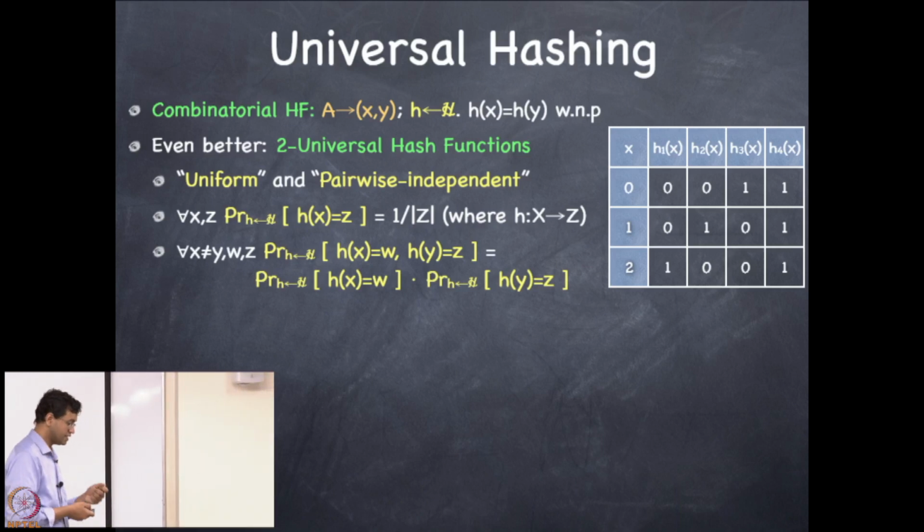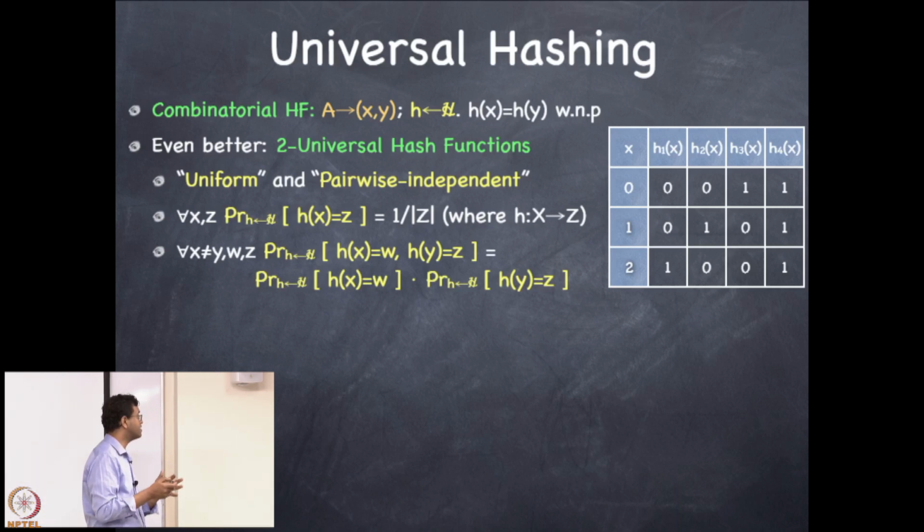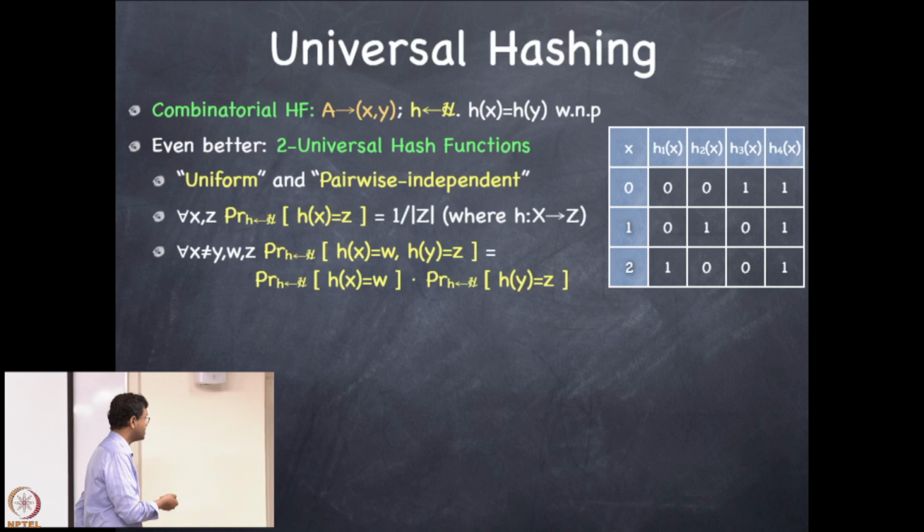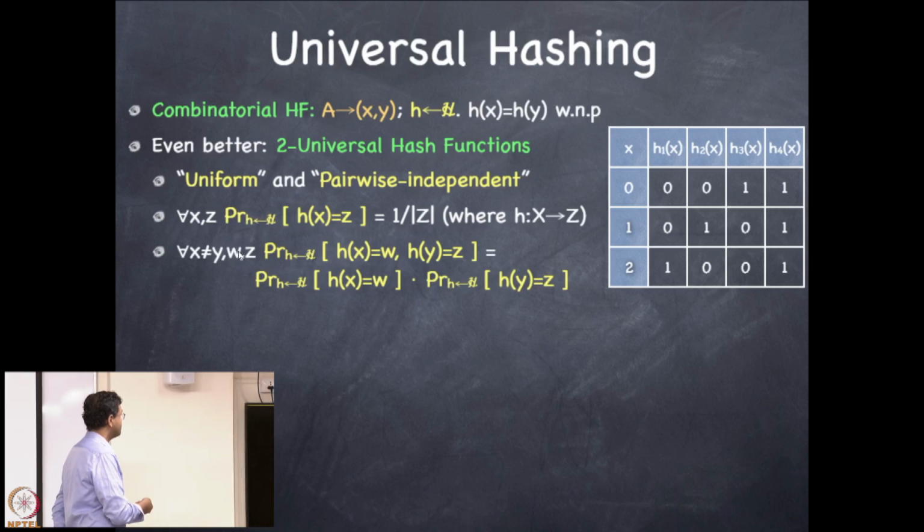Another way to say that is, if you look at the pair h of x comma h of y, that is uniformly random over pairs of values. So let's see that here. These are the pairs of values of output w and z. And we are saying for any w and z, the probability that both of these happen, h of x equals w and h of y equals z, will be exactly 1 over Z squared.